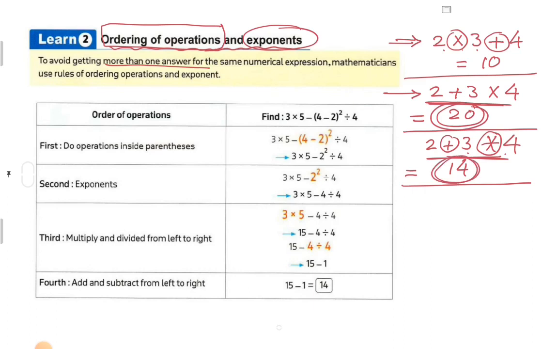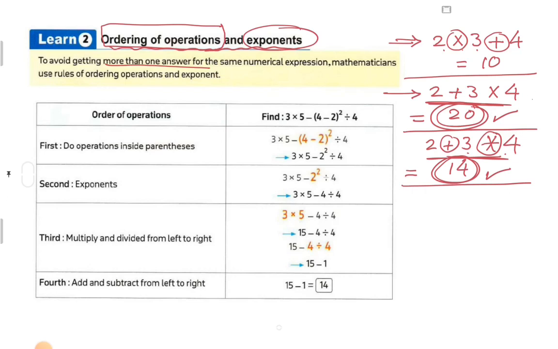So this is the importance of the order of operations, to get the same answer. Maybe some students get this answer and some students get that answer. Someone used the order of operations and the other hasn't.